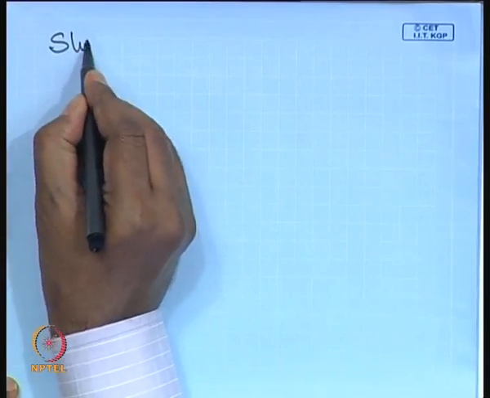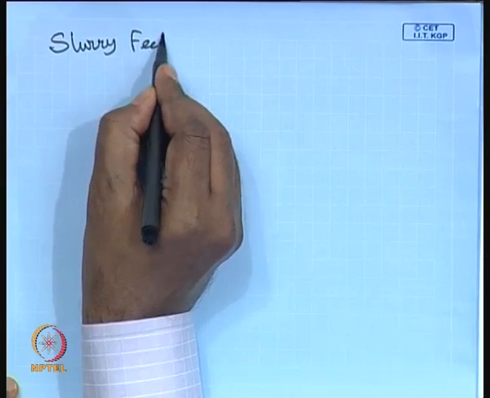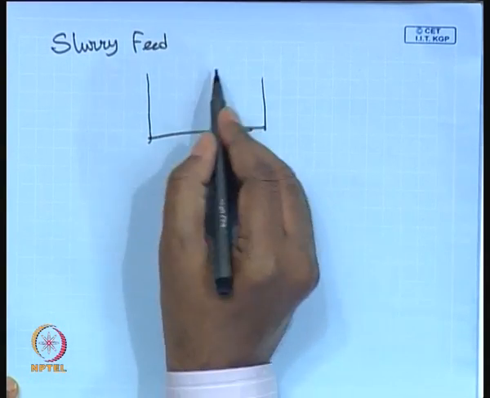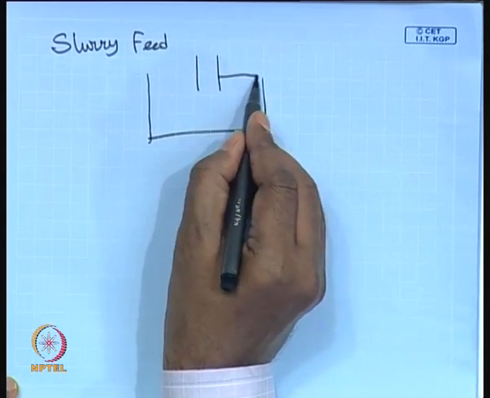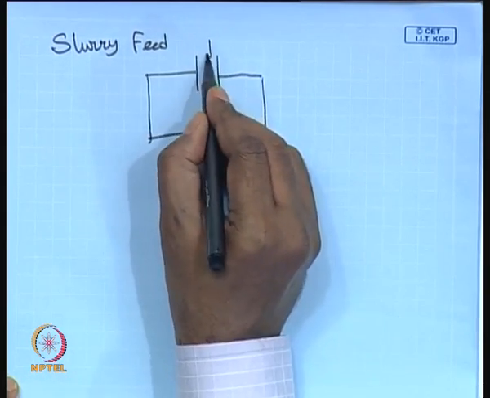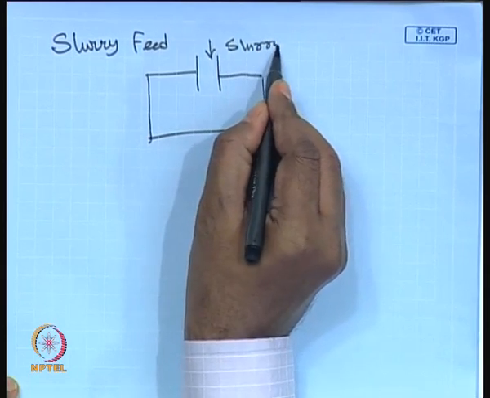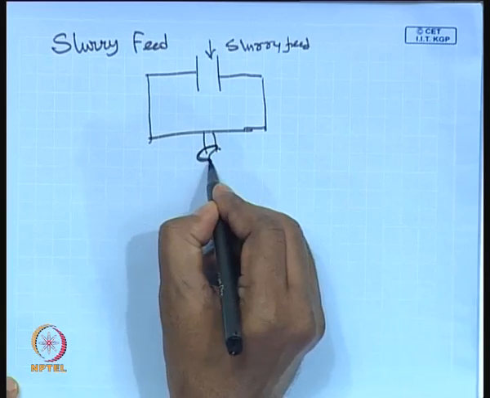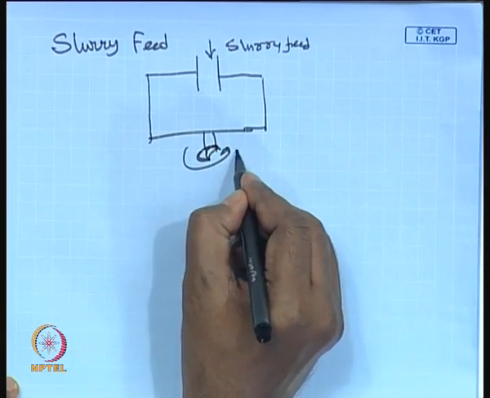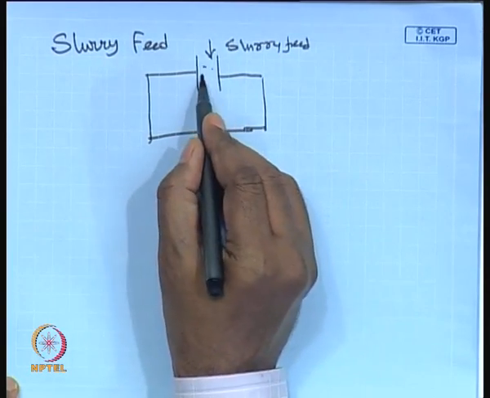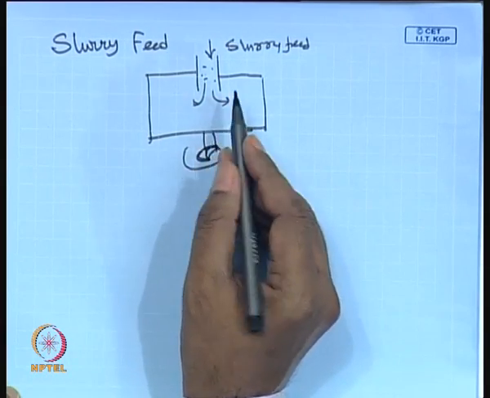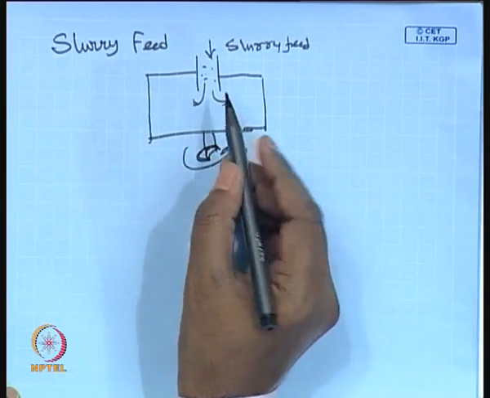So, for a slurry feed, the bowl will be rotating about the central axis with a speed omega, and this slurry will be coming, and the solid particles will be experiencing a centrifugal force towards the wall.